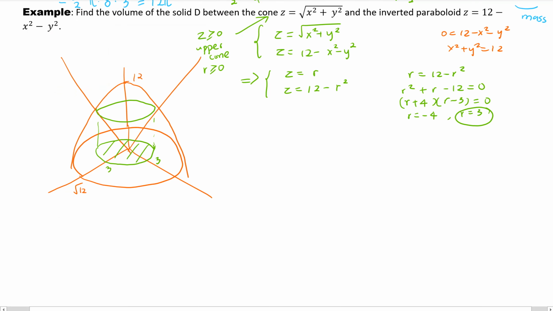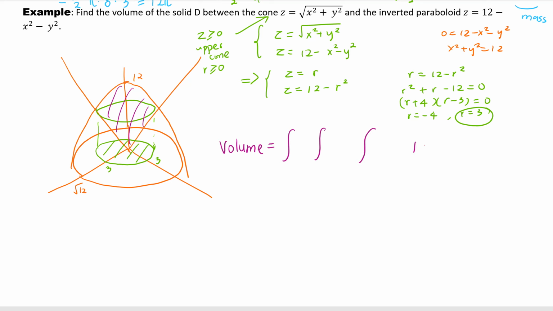Okay, so because we want to find the volume of this solid, everybody? So volume equals the triple integral of 1 in cylindrical coordinates, r dz dr d theta. If we look from the outside to the inside, when we project this solid onto the xy plane, the green disk is our base region.